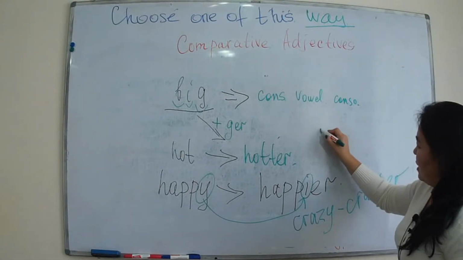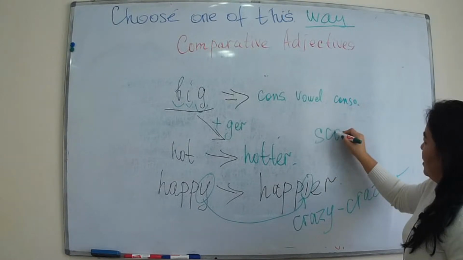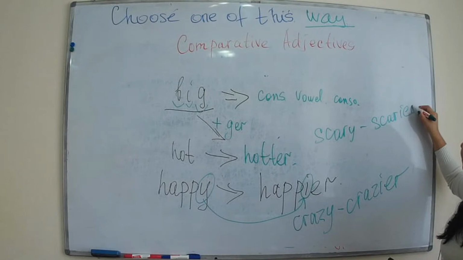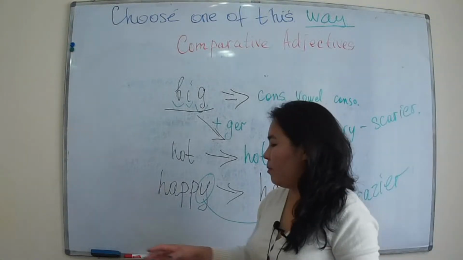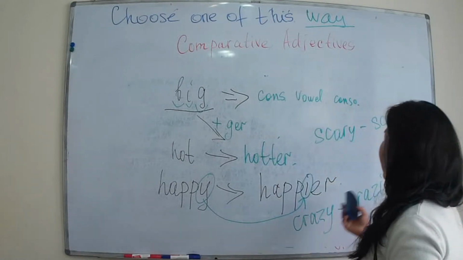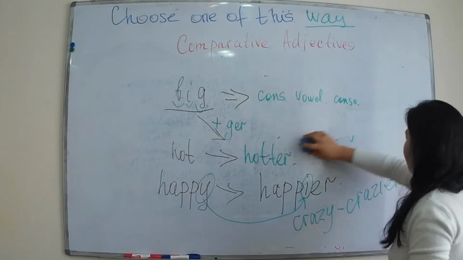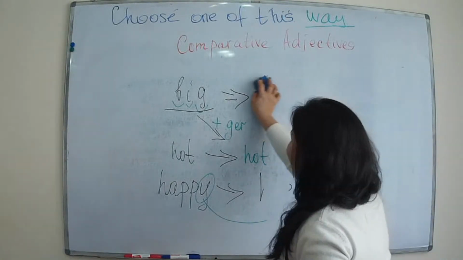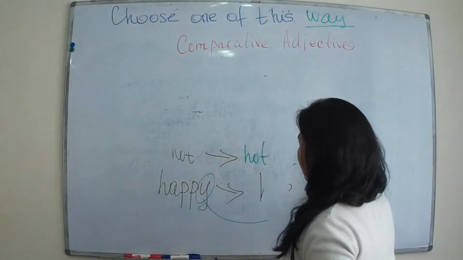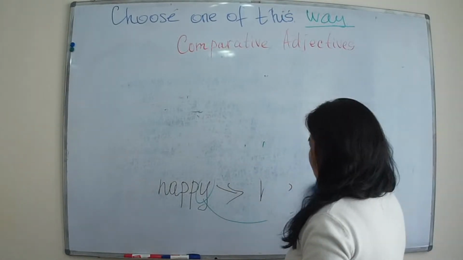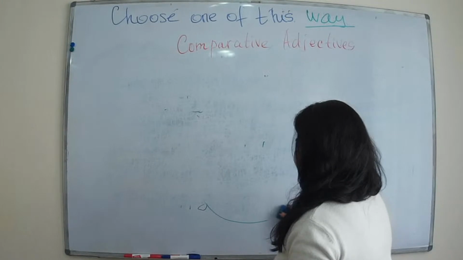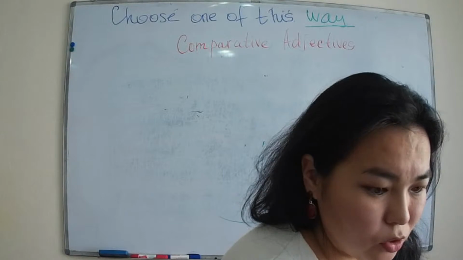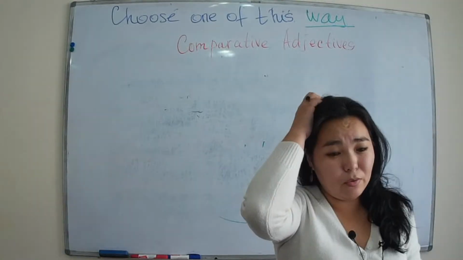And the same, when we have scary, we say scarier. So you should just read and remember or learn by heart these notes, and it's really easy to remember these words, and it's easy to use in your speech. Comparative adjectives. It's not so difficult, I think, to learn and to remember all these rules.